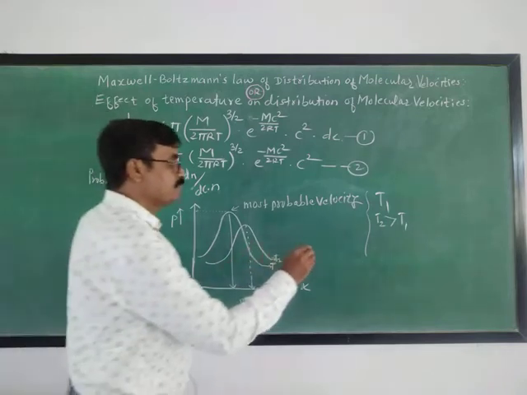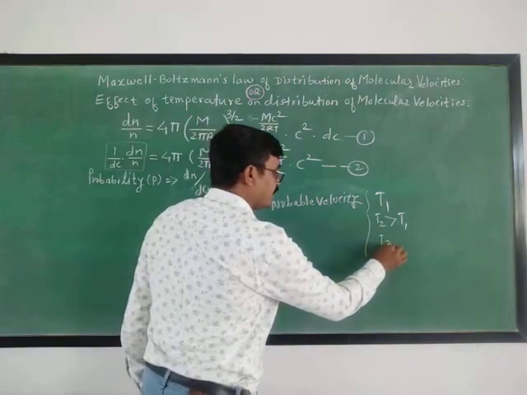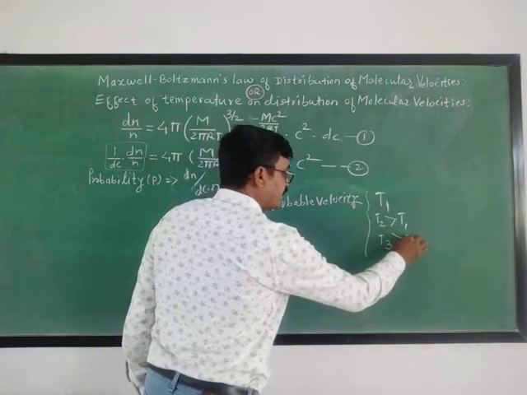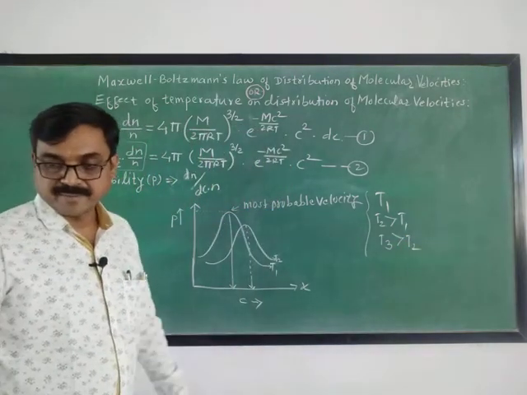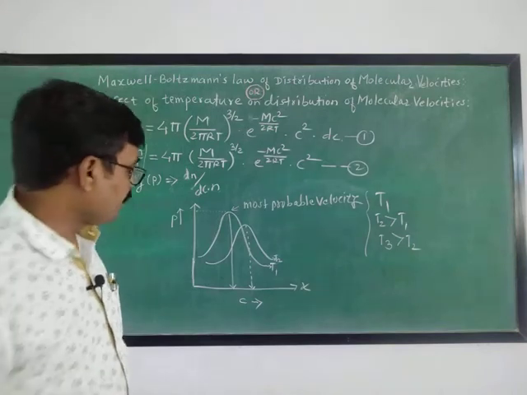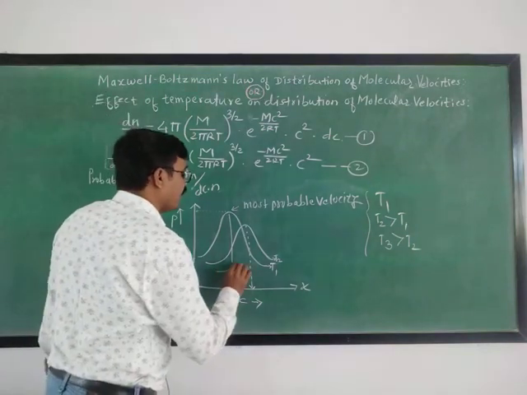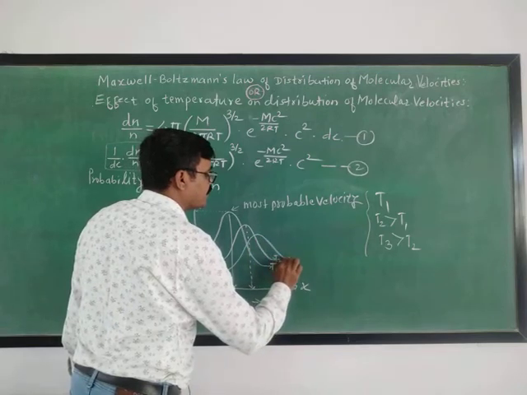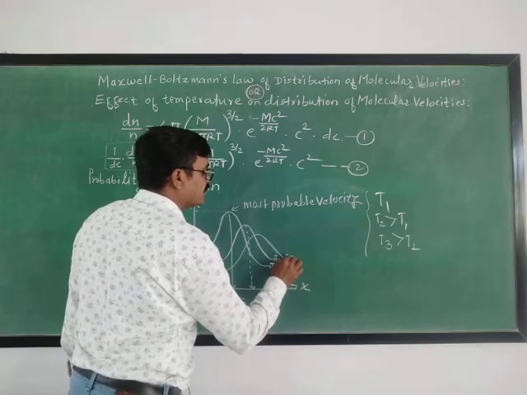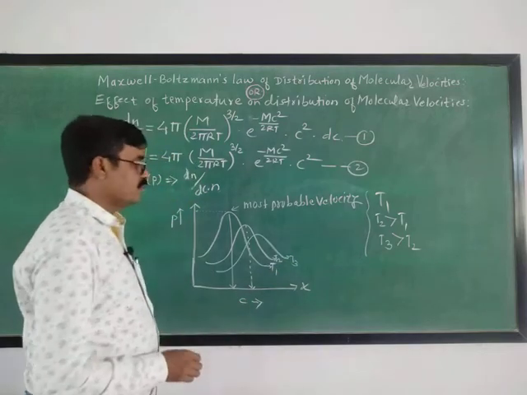Further, if the temperature is T3 and T3 is greater than T2, and if the graph is plotted again, then the same type of curve will be obtained, but the temperature is different, T3.